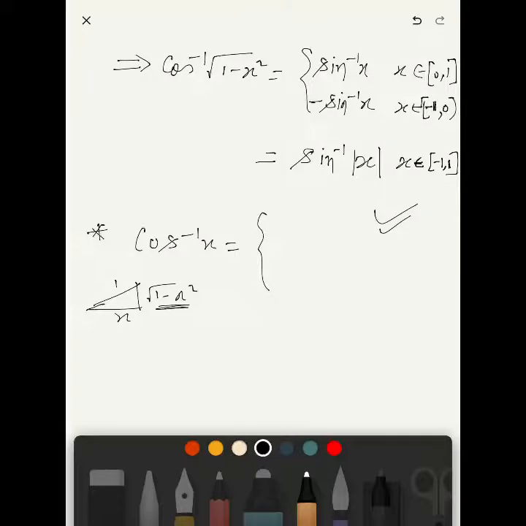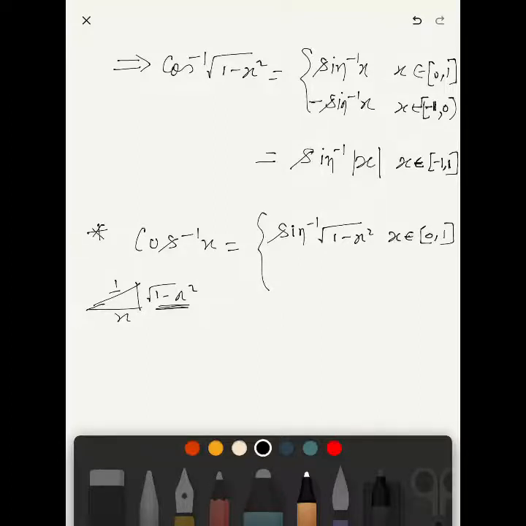Perpendicular by hypotenuse, your sine will look like sine inverse under root 1 minus x square. This happens when x belongs to 0 to 1.